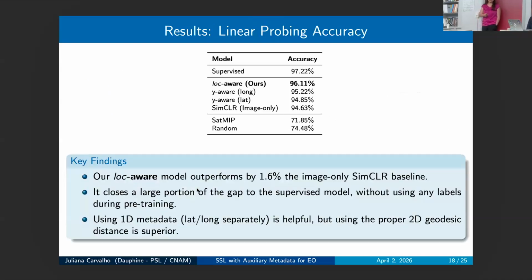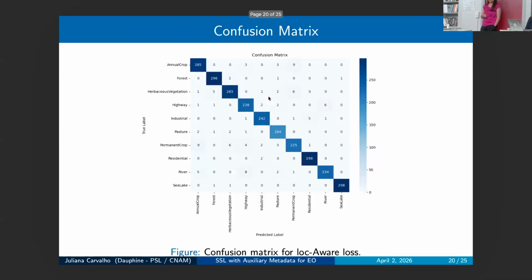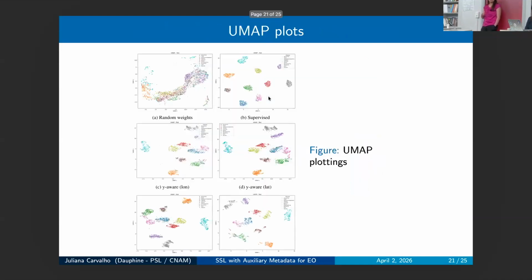And our method got the best accuracy among the others, almost matching the supervised setting. And in other metrics such as F1 and precision, we also have the best score. Our confusion matrix was also very good. There were just some confusions between classes that are really similar.